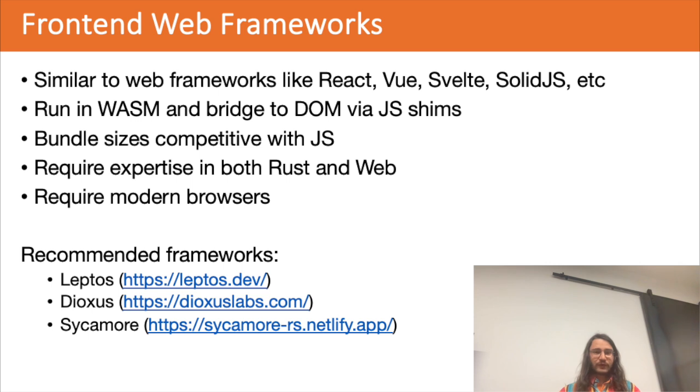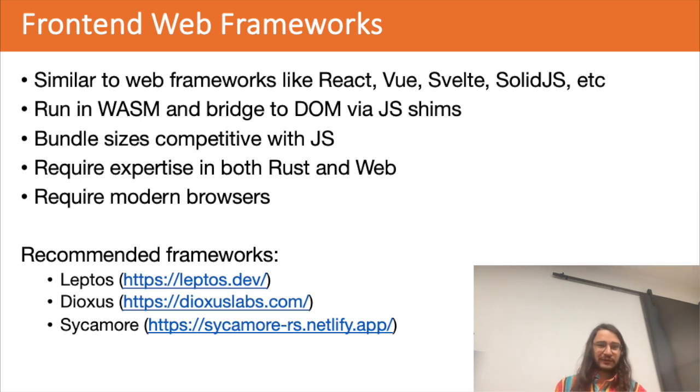I think the downsides are you need to know Rust and web. It's not like I'm going to learn this and then I don't need to learn the web APIs. You need to know both. So if you were going to use that in a commercial context, that might make hiring difficult. But from a technical perspective, I think they're in quite a good place, which is interesting because I don't think they were a year or two ago.